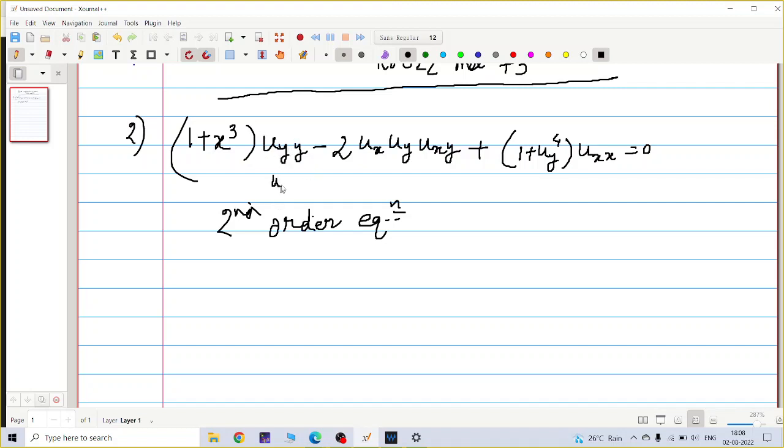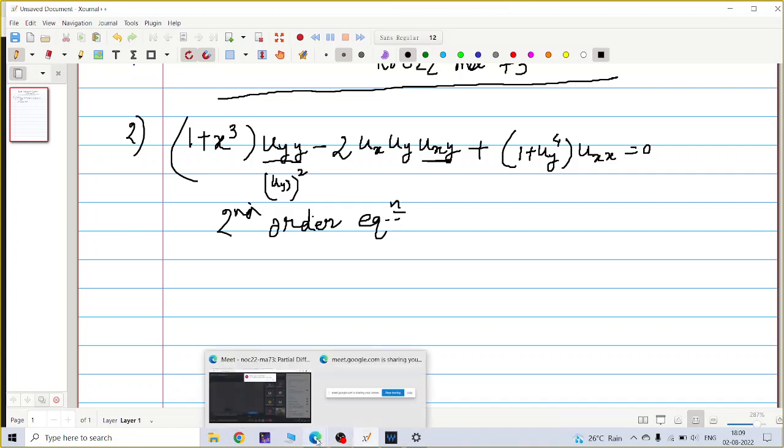If it were uxy squared, for instance, then it would not be quasi-linear. So here every highest order derivative appears linearly.